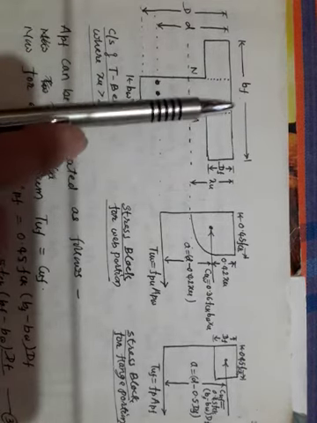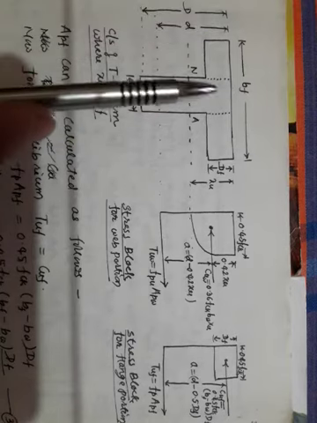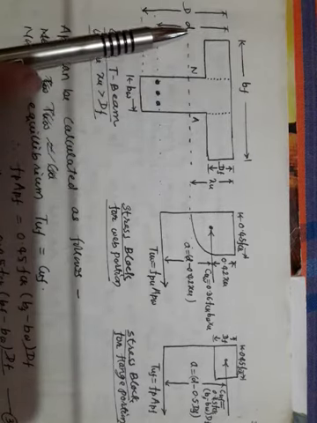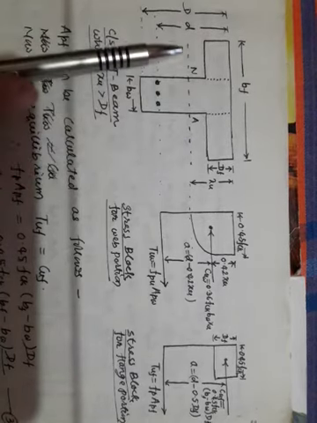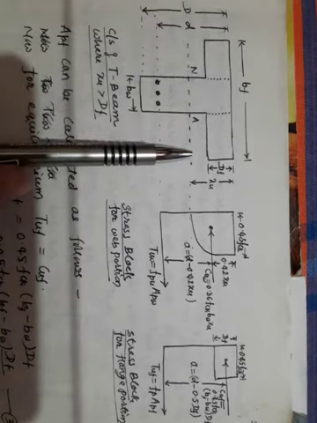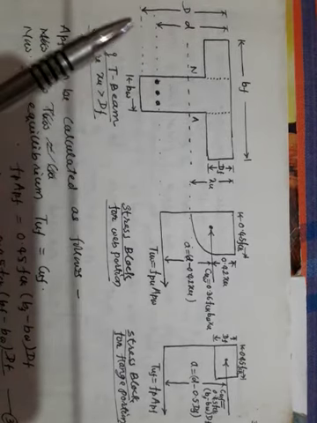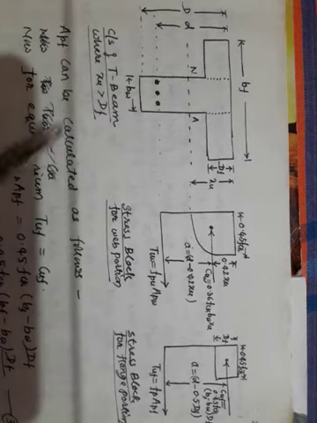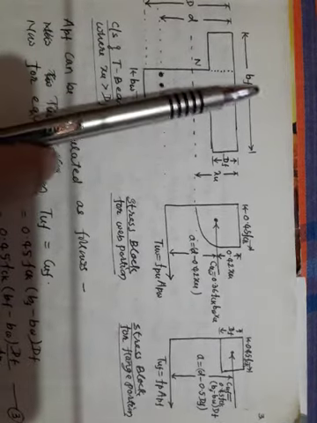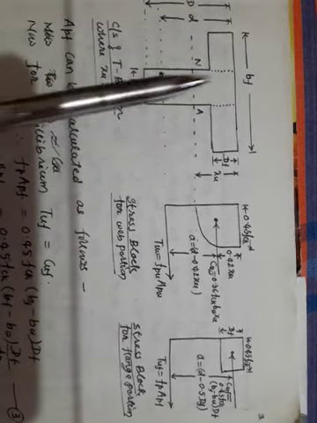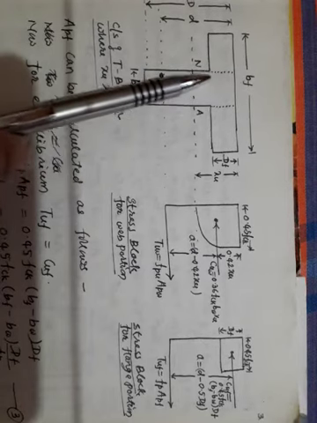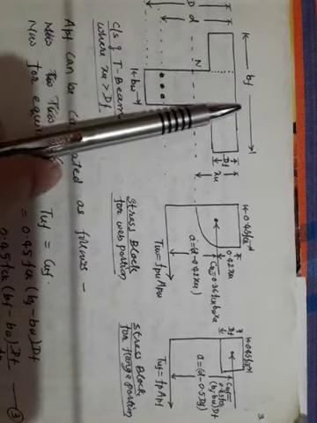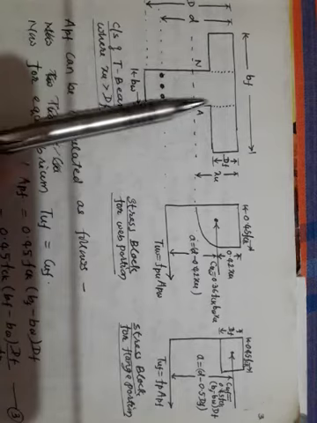At that time it will act just like a rectangular section only. But if the neutral axis lies in the web, something like what I have shown here, the analysis is different. This complete portion I will call the web.